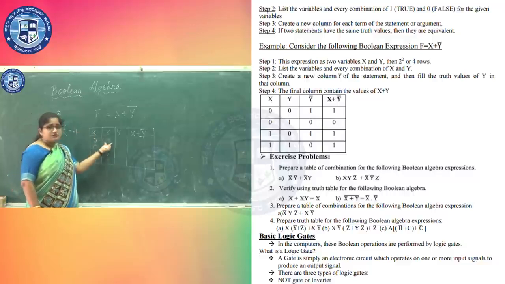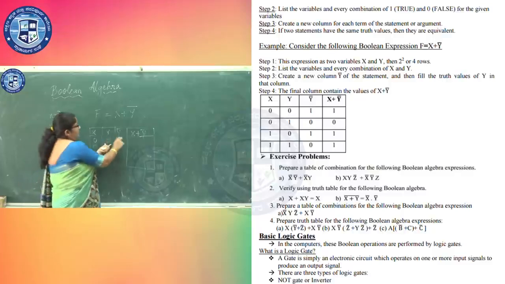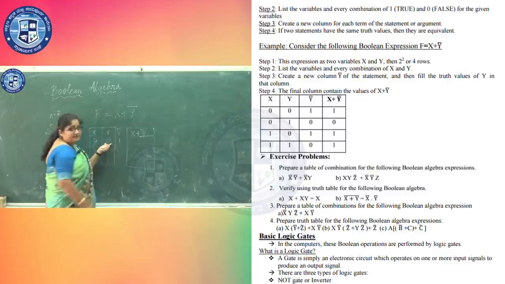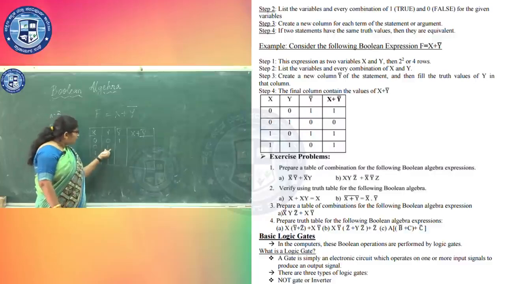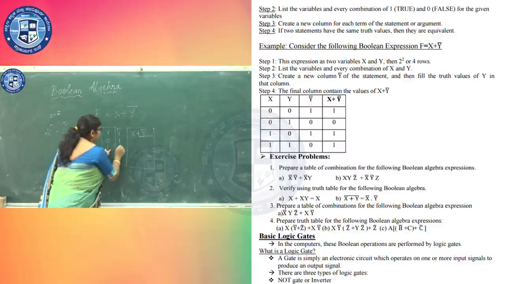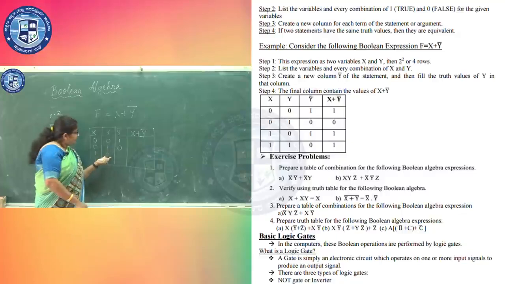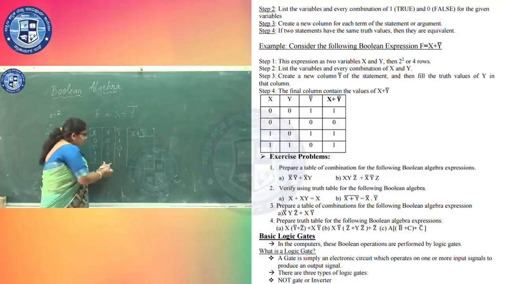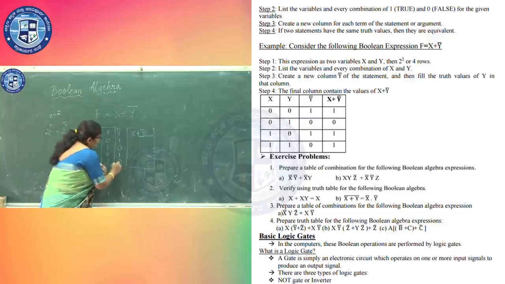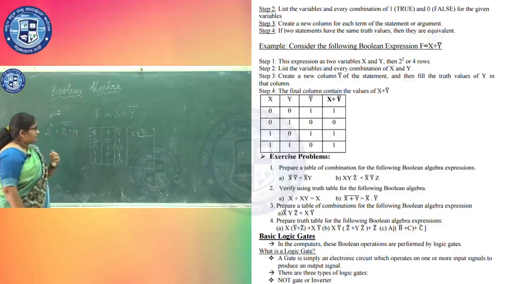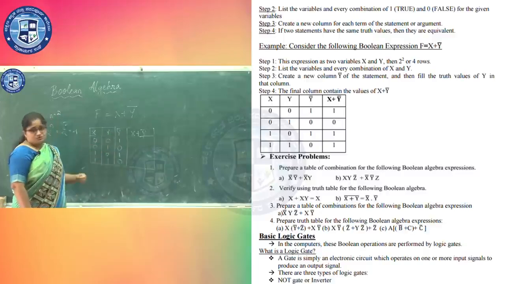If the value of y is 0, I take y dash to be 1. If the value of y is 1, the result is 0. If y is 0, it will be 1. If it is 1, it is again 0. So we got the value for y dash also.